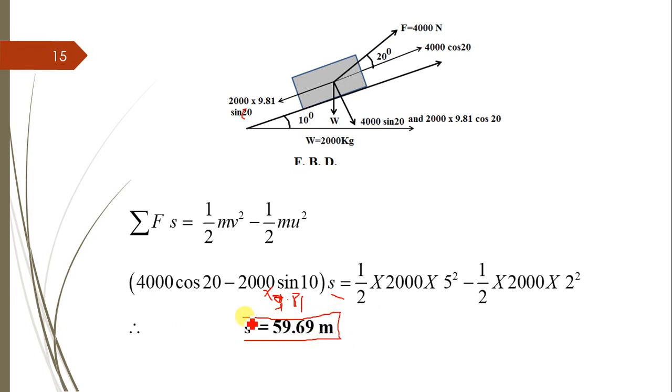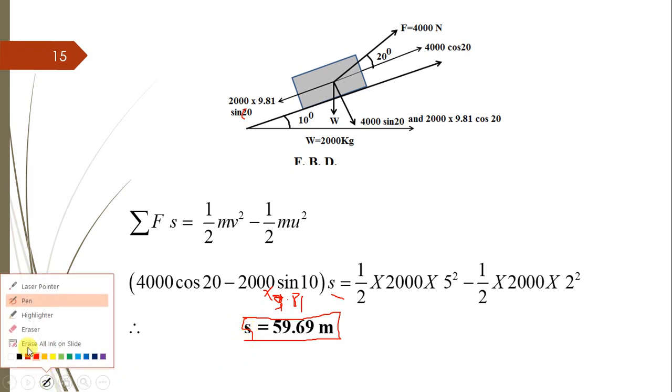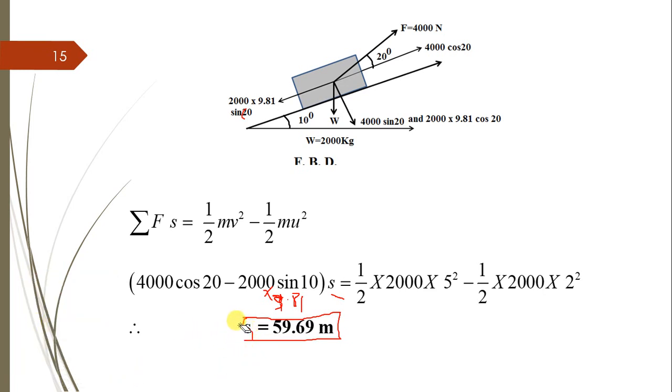It means that by applying a force of 4000 newton, the velocity will change from 2 to 5 meter per second, and within that change in velocity it will cause a displacement of 59.69 meter.